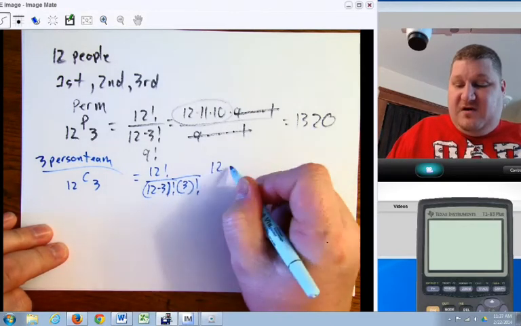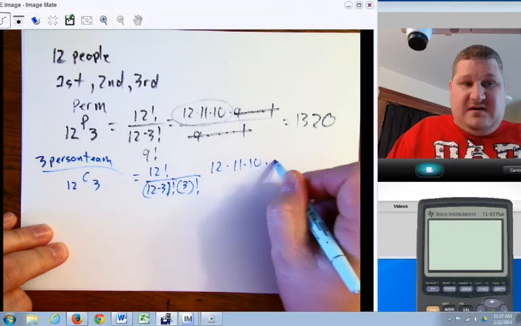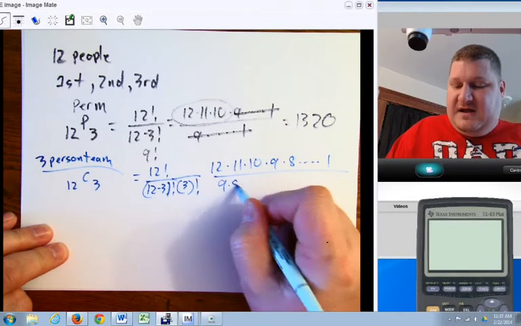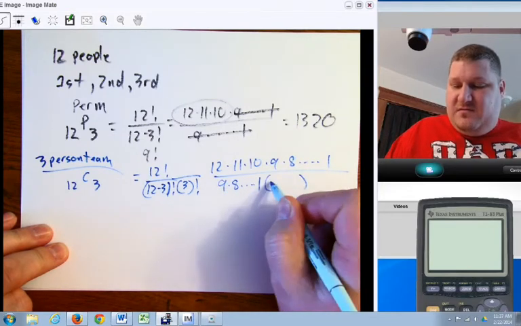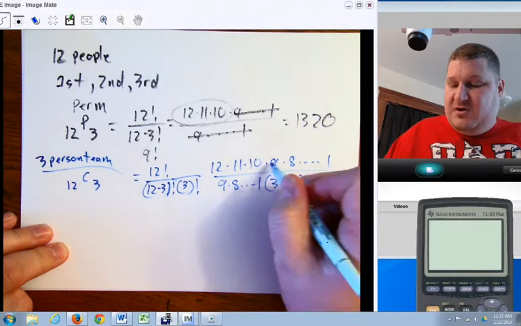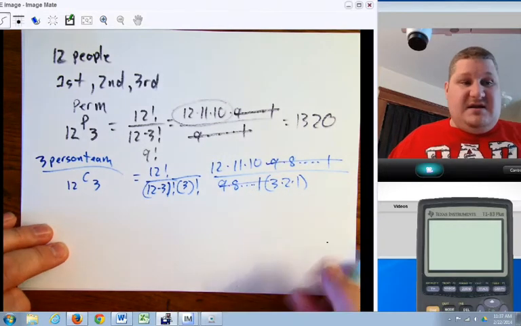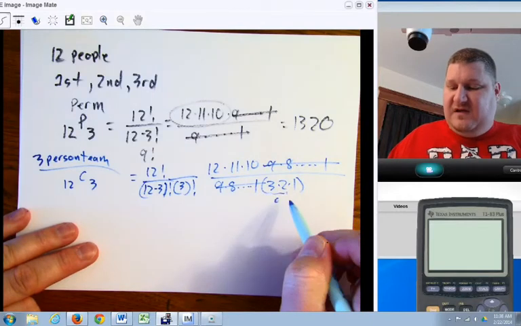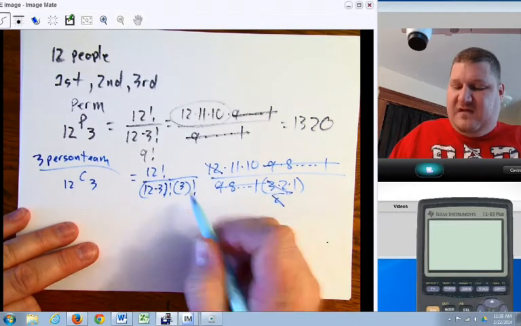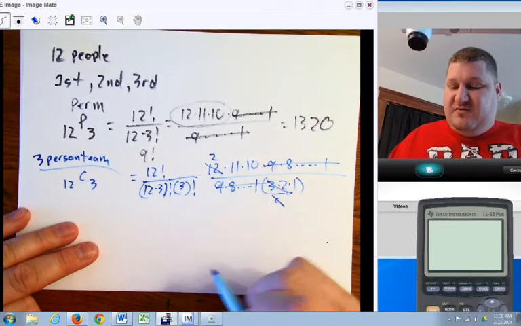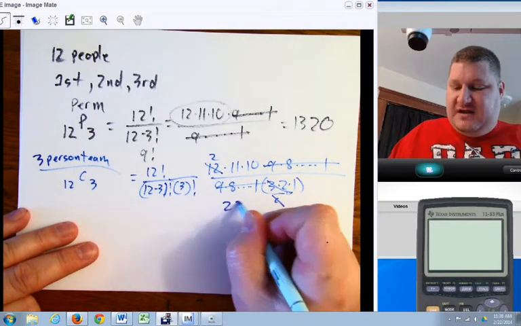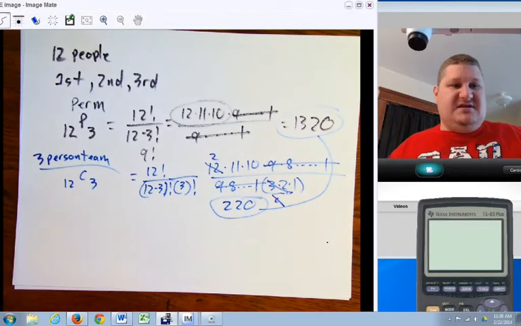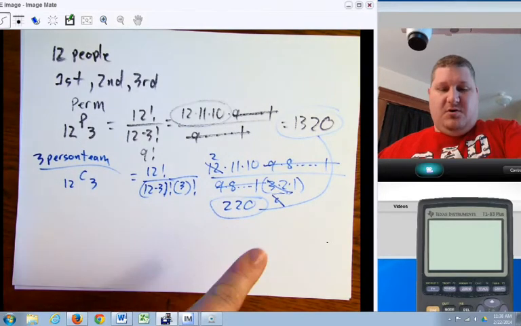So I have 12, 11, 10, 9, 8, ... 1, all over 9, 8, ... 1, 3, 2, 1. Gone, gone. Now I would have to reduce further. I have a 3 here and a 2 here. That makes 6, so 12 and 6 cancel out, leaving 2, so I have 110. I have 220. You'll notice combination is significantly less than permutation because the order does not matter.